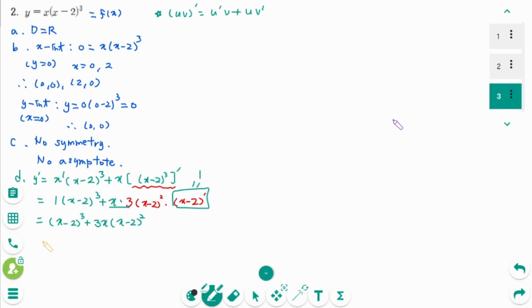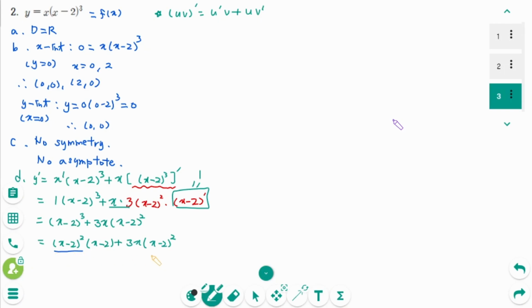This one equals 1. Then we can rewrite as (x minus 2) squared times (x minus 2) plus 3x times (x minus 2) squared.